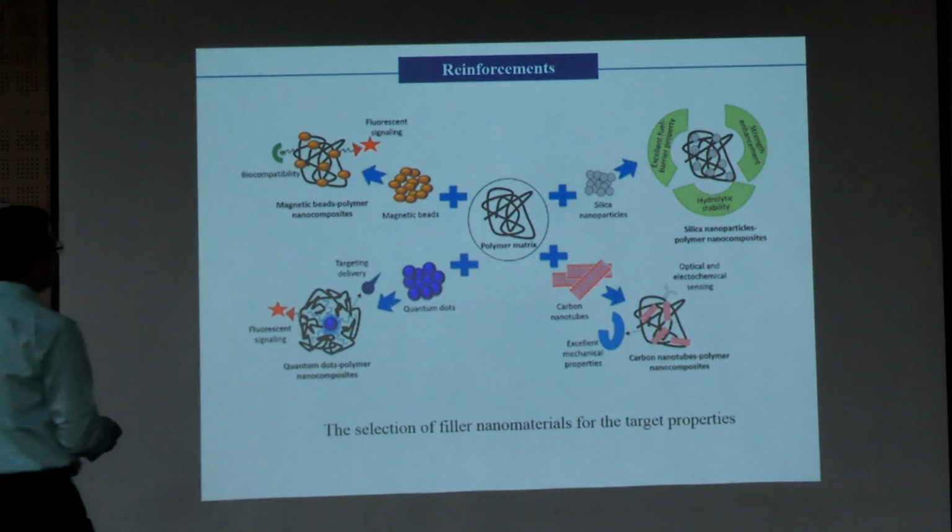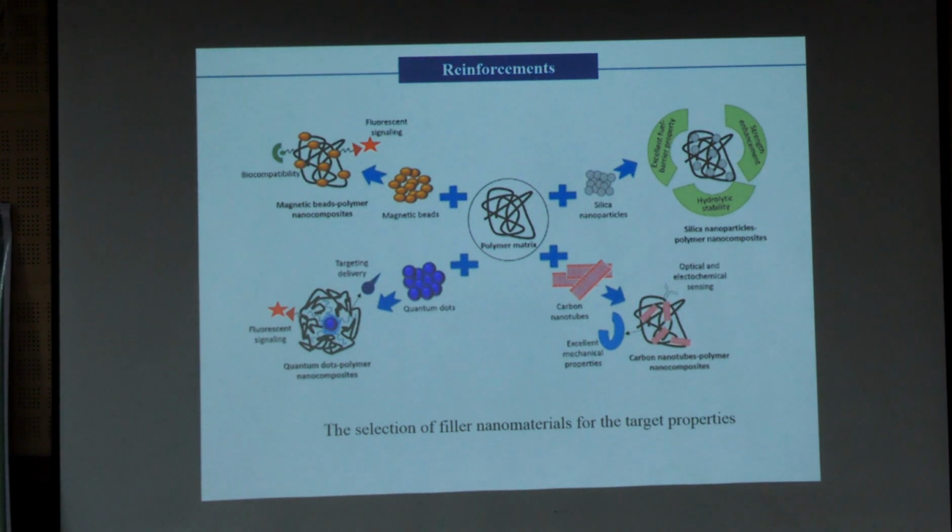That depends on what application we want, or what properties we require for the composite material. Sometimes we require hardness, sometimes strength, sometimes lightweight, sometimes impact strength. Depending on that, we select our reinforcement material. For example, you take a car, right?